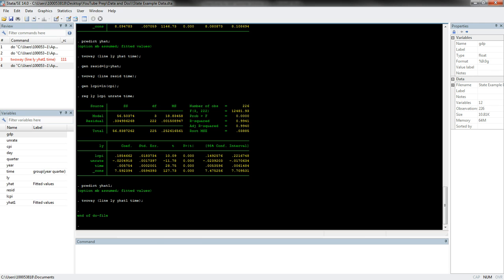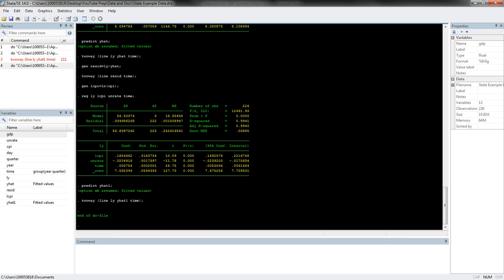So this is the value of our f-test, and the probability of that occurring given this sample is very close to 0. So what this is telling us is, overall, CPI, unemployment rate, and time tend to explain the natural log of GDP much better than just the mean of the natural log of GDP. And this is very, very significant.